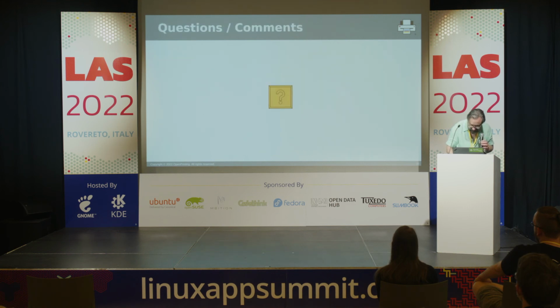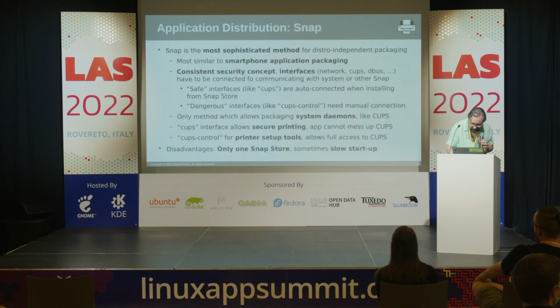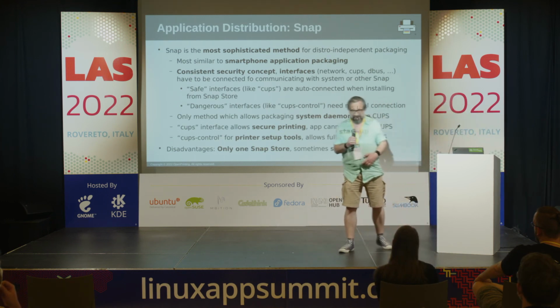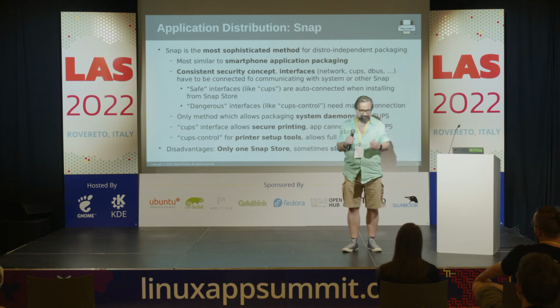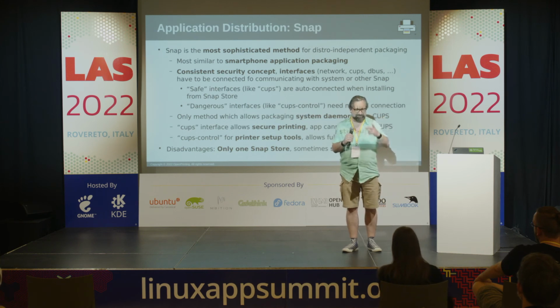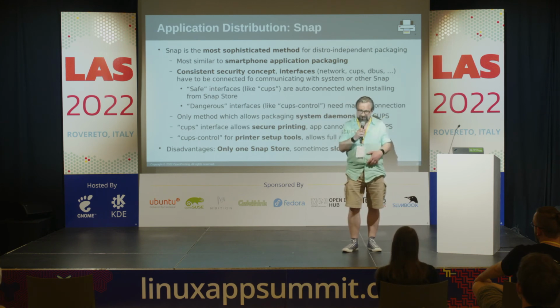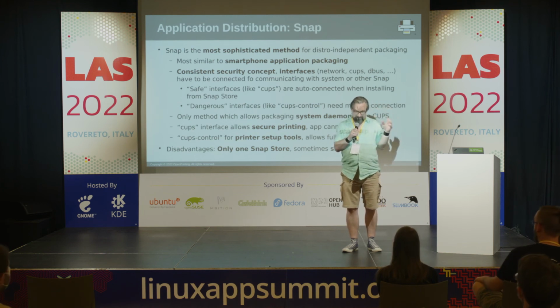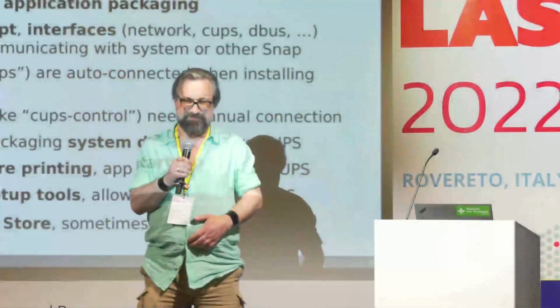Snap, yes. One thing is, another thing is we have distribution independent packaging. There is Snap, there's Flatpak, and there's AppImage and Docker and so on. And for printing, we have Snap CUPS, we have Snap printer applications.